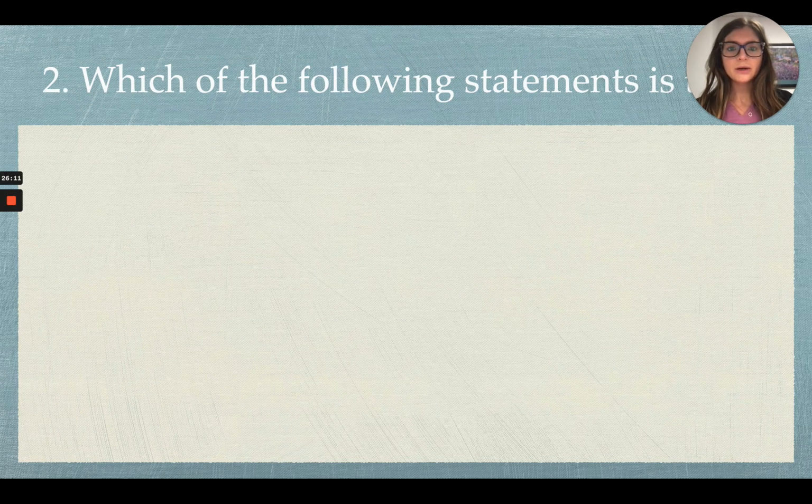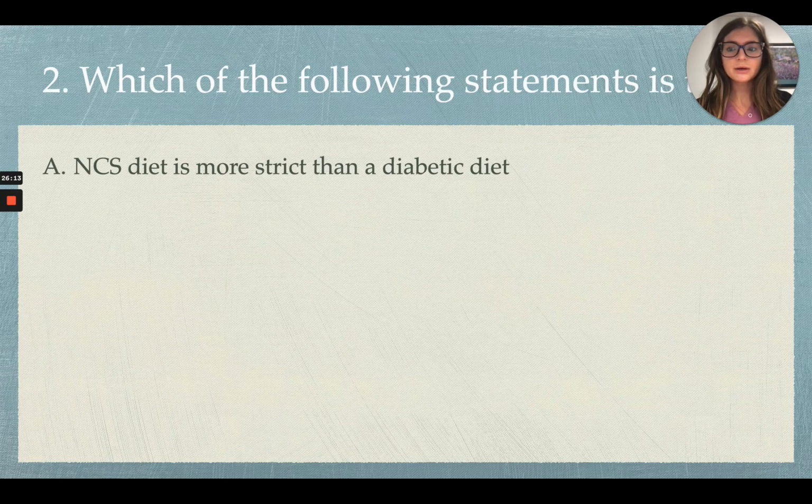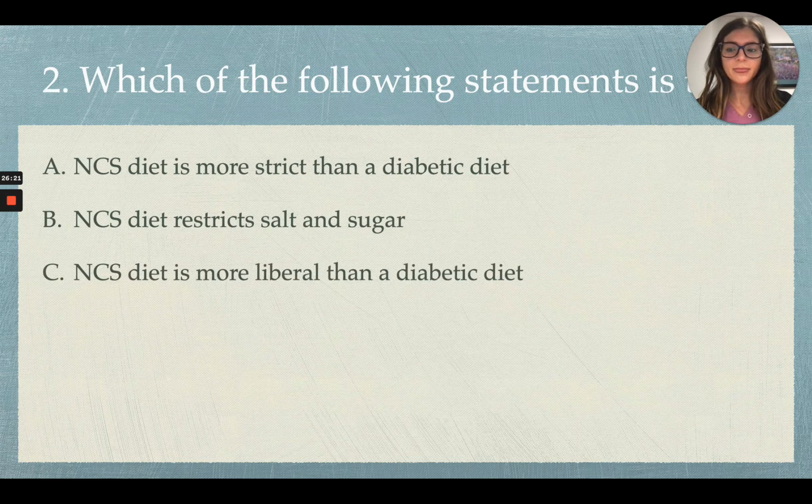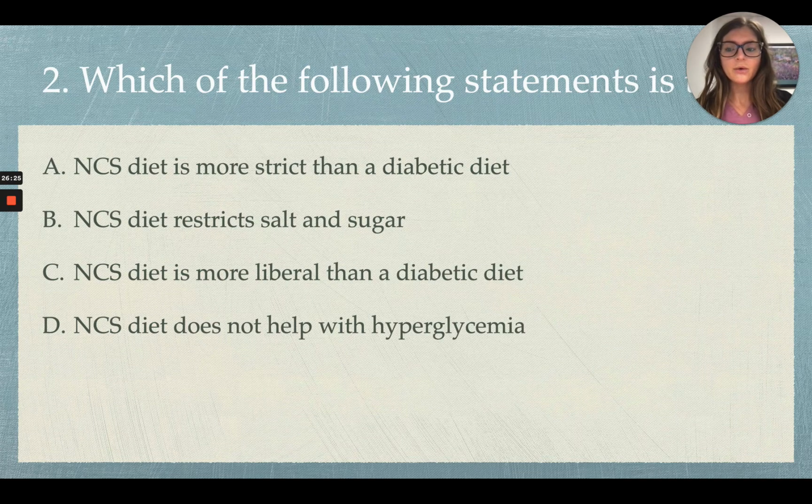Question 2. Which of the following statements is true? A. An NCS diet is more strict than a diabetic diet. B. An NCS diet restricts salt and sugar. C. An NCS diet is more liberal than a diabetic diet. Or D. An NCS diet does not help with hyperglycemia.